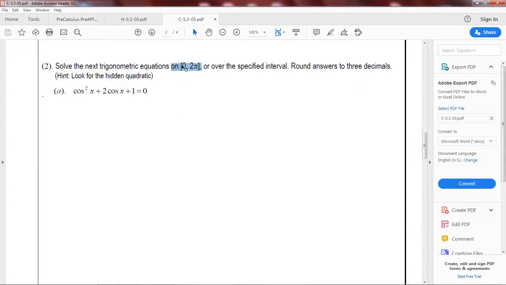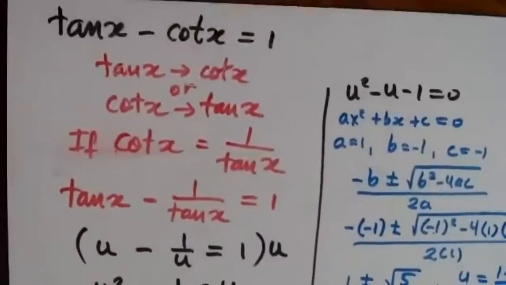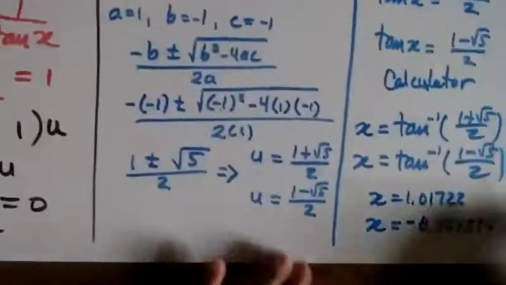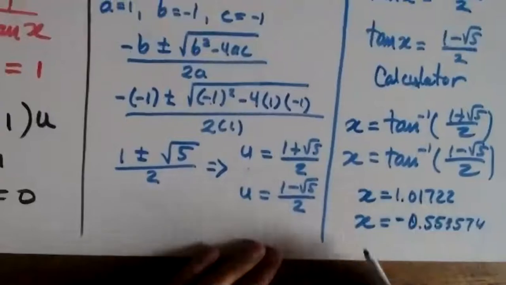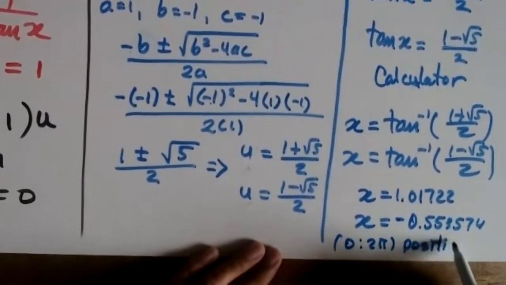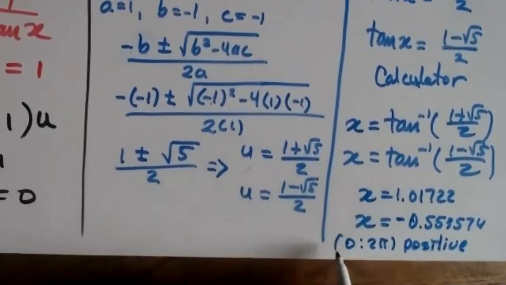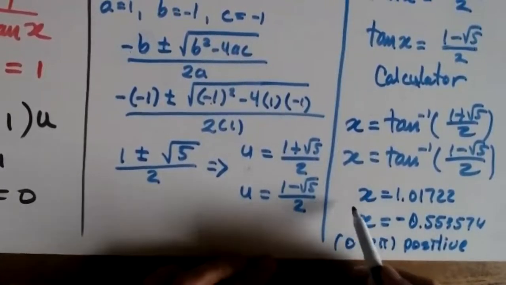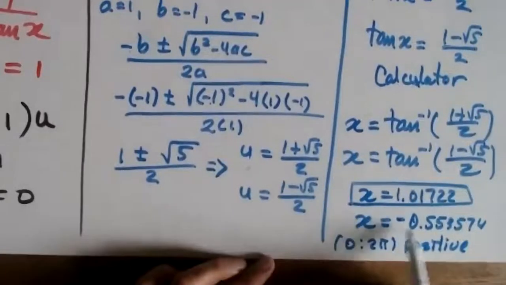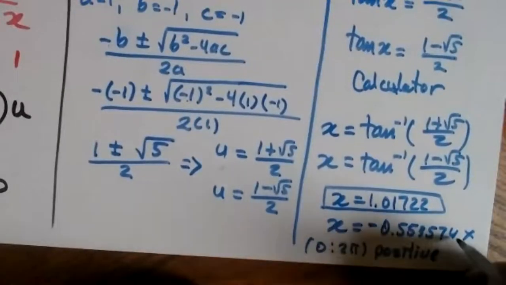So we have to find the solutions over the specified interval. In this case, there is no specified interval, so it's open. So 0 to pi is a positive interval. The only number that is going to be in this positive interval is the first one. This one is negative, so it is not a solution.